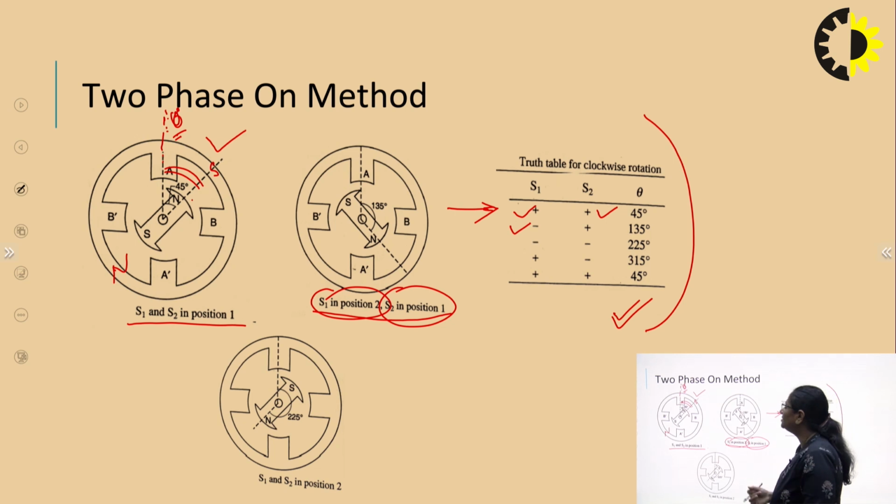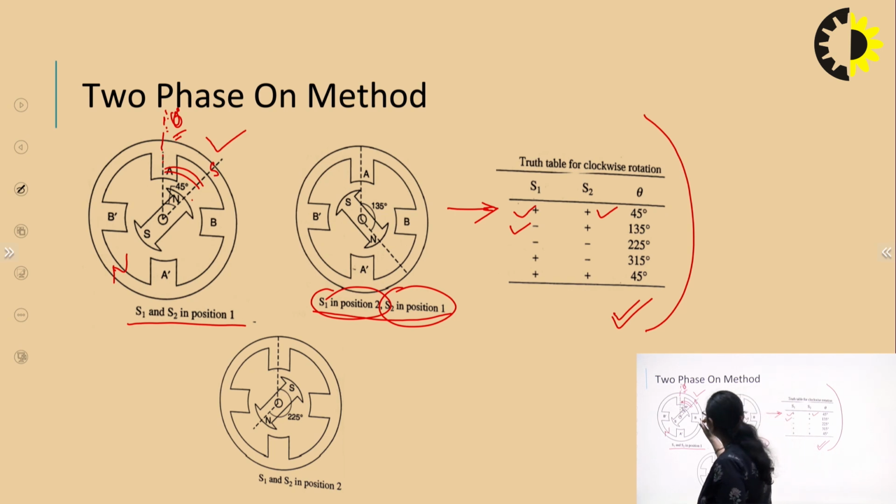Now let me tell you one more thing. When current in a particular phase is positive, then you will find the formation of S pole, right? Pay attention. Formation of S pole here, formation of N pole here.